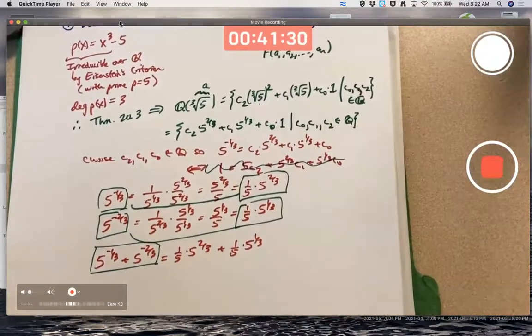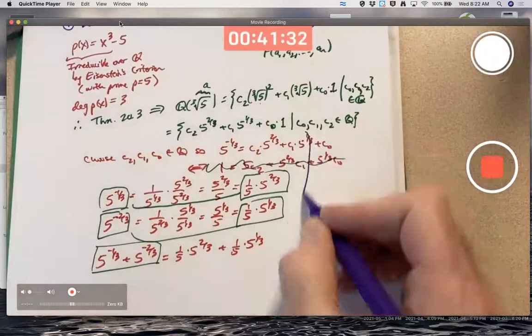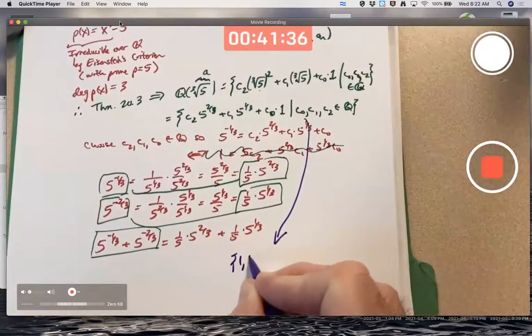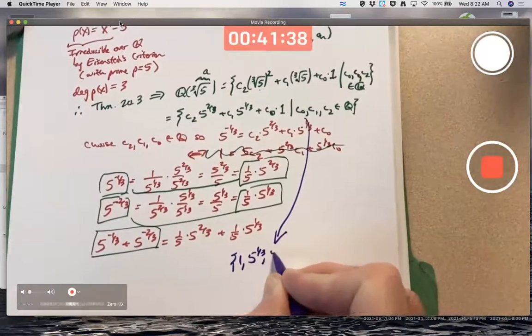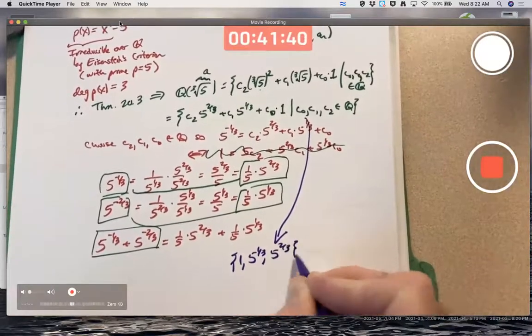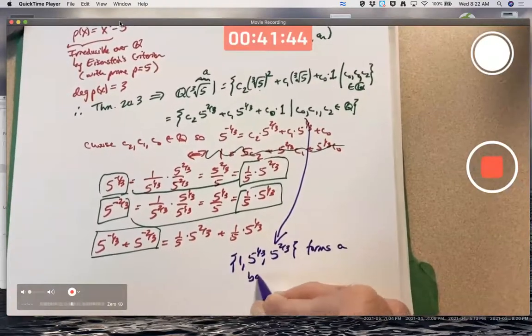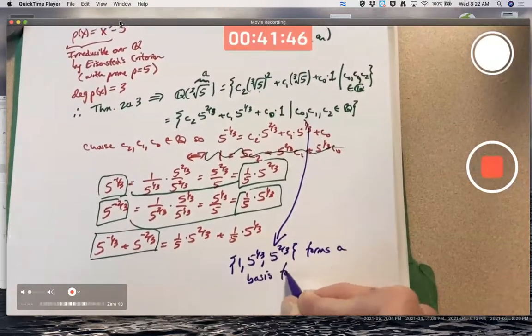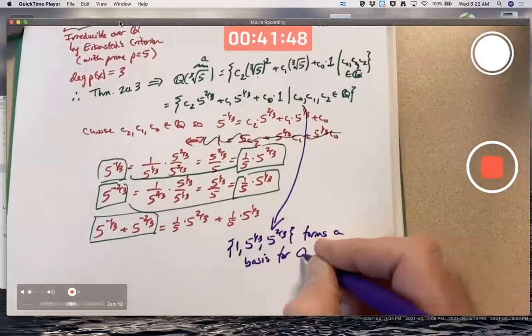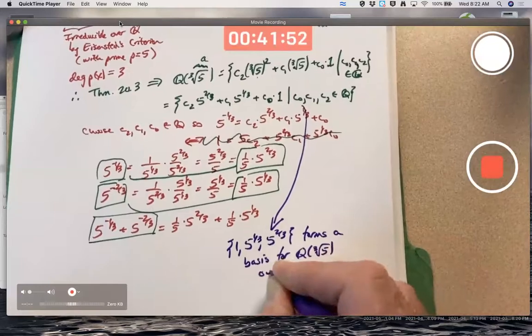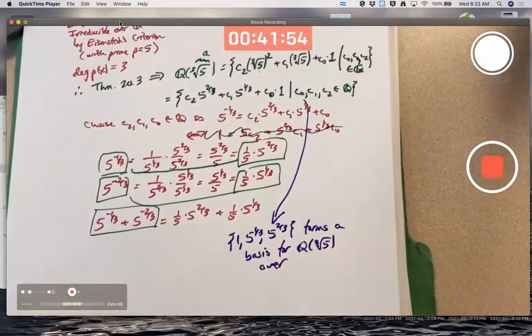The set of 3 elements, 1, 5 to the 1/3, 5 to the 2/3, forms a basis. For what? For Q of cube root of 5 over what field?